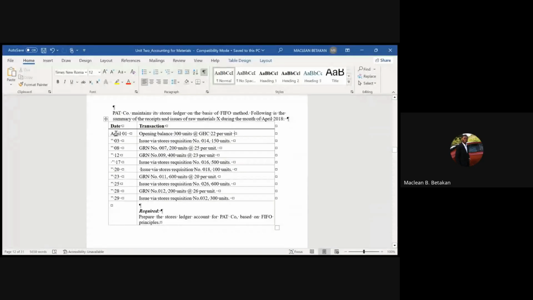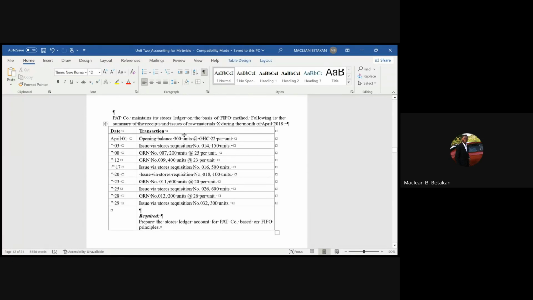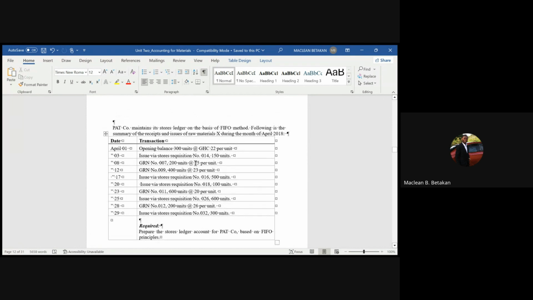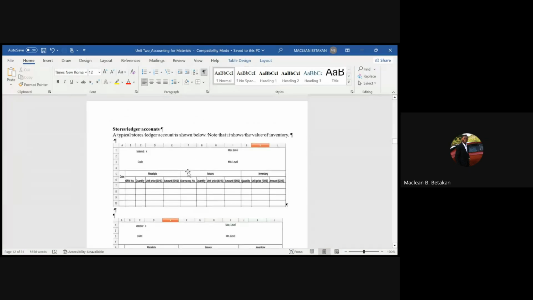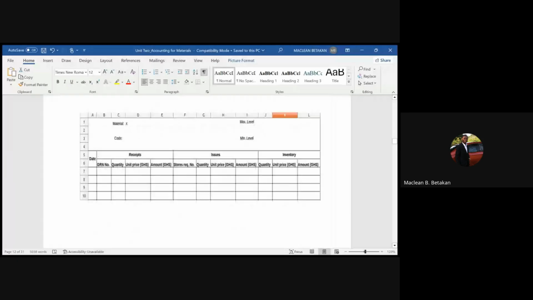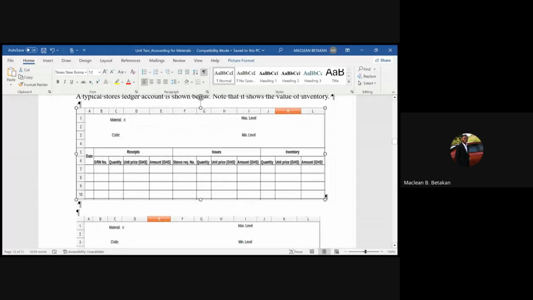On 1st April, there is an opening balance of 300 units at 22 cedis per unit. Okay, so this is the sample. Let me extend this so that you see. This is what we are going to use to answer the question. All the receipts will come under this. All the issues will come under this.